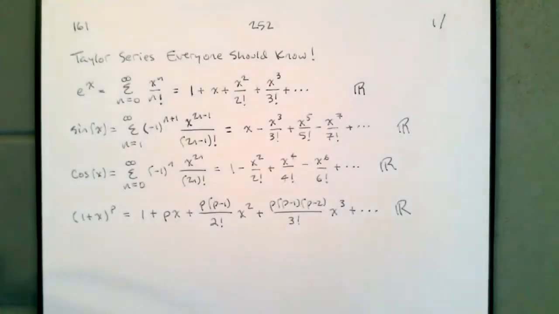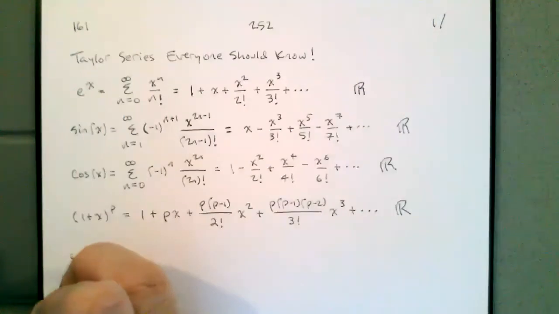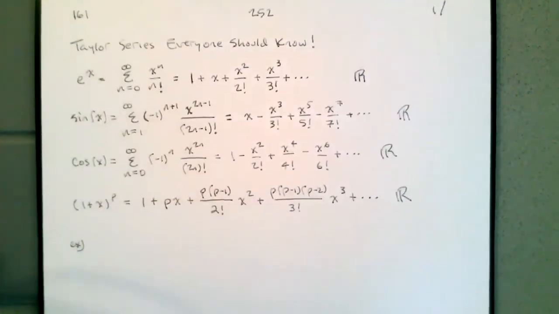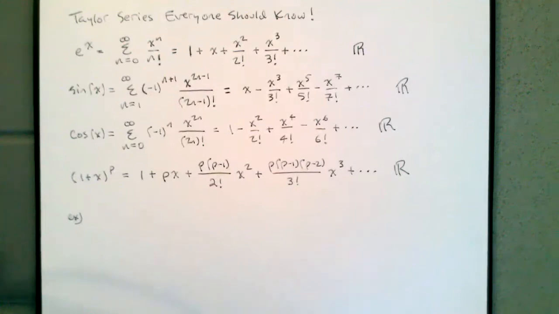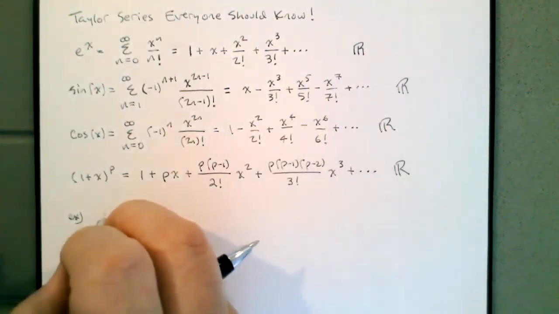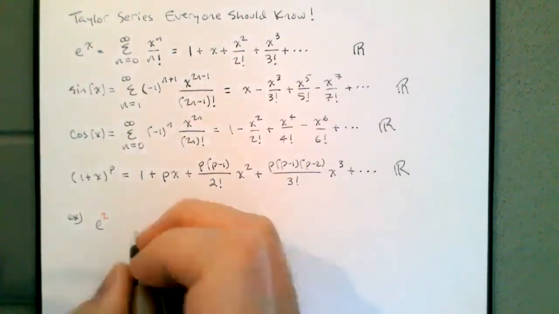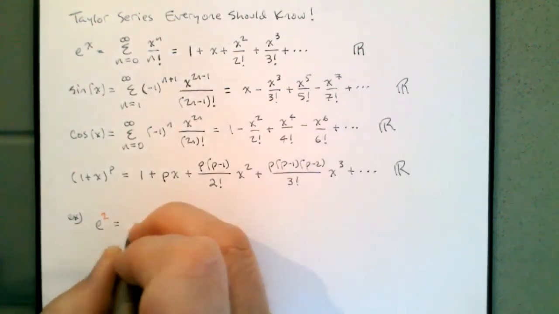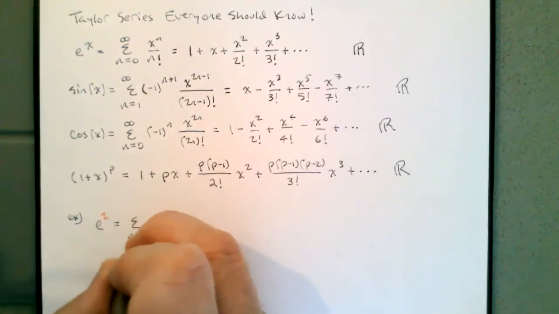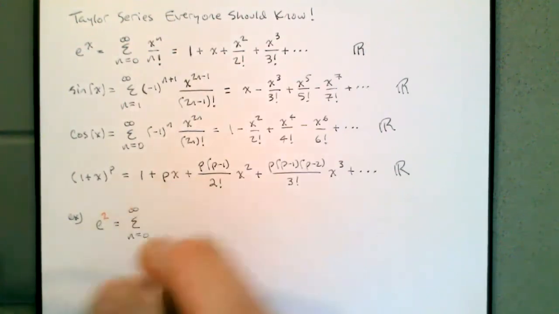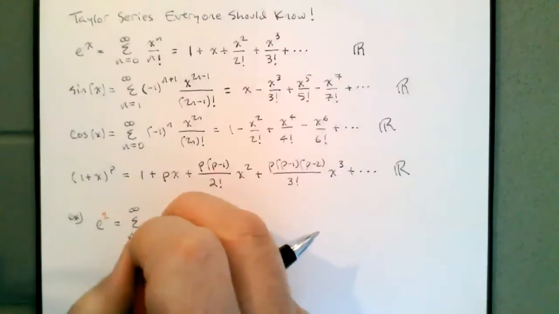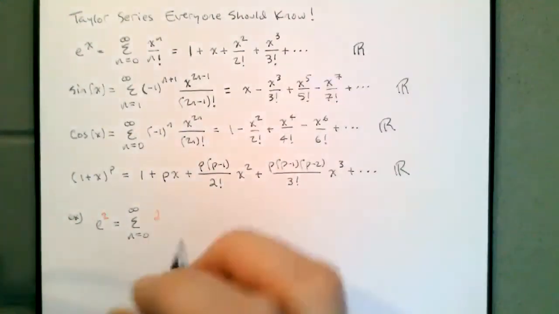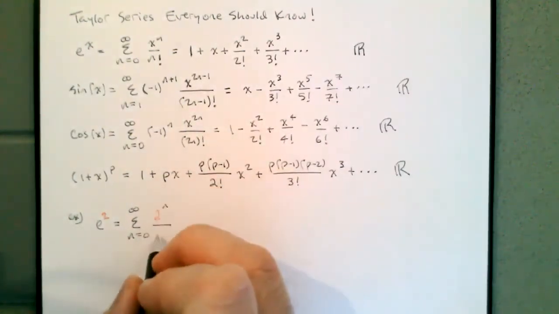So what this means is that if I want to approximate, say, e squared, if I replace the x with a 2, this will be the sum as n goes from 0 to infinity of 2 to the n over n factorial.